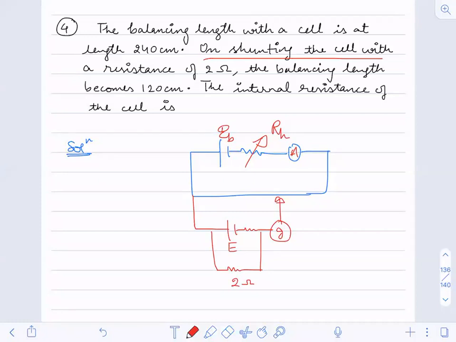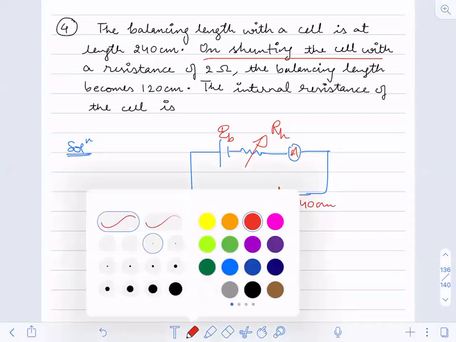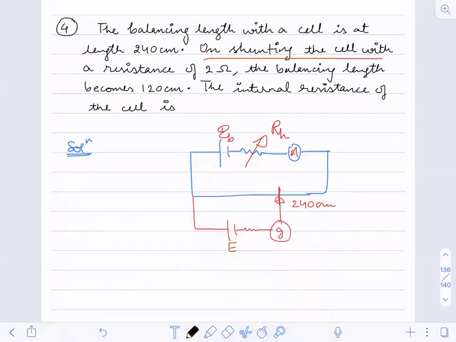When you had not connected this cell, this length was 240 centimeter. As soon as you connect it with the resistor of 2 ohm, this length becomes 120 centimeter.